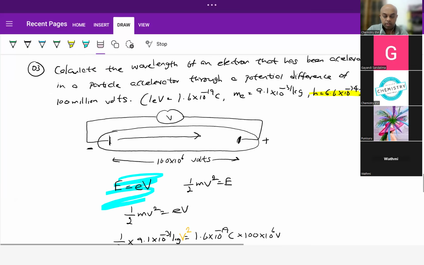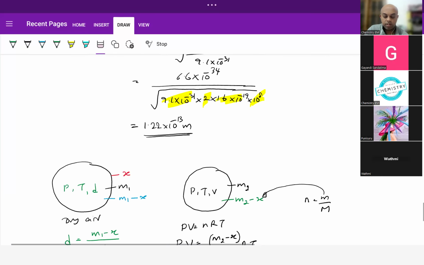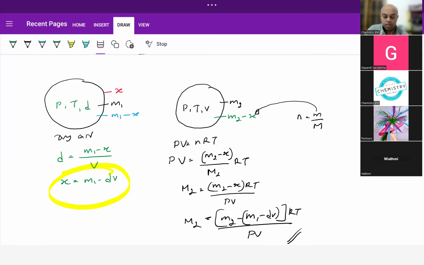Now, if you go to the place where I have done the question, the first diagram shows the first situation. I have taken the mass of the container to be X because that is an unknown one. Then the mass of the gas will be M1 minus X. Then considering dry air, I have applied density: D should be m divided by V. We are applying the equations not to the container but to the gas, because these expressions are derived for gases, not for the total mass.